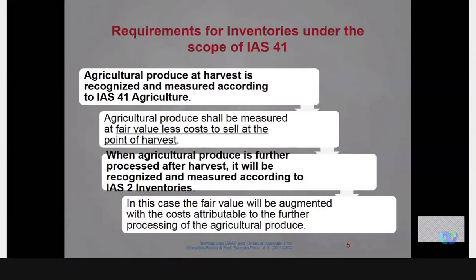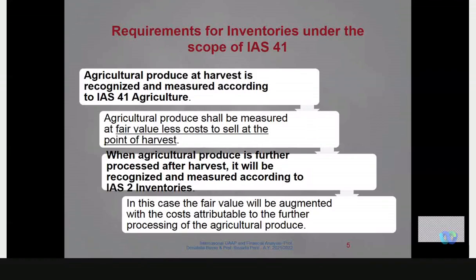And as we can see, we can measure agricultural produce fairly easily by referring to this fair value, or this market value that you mentioned, but first deducting the cost that I need to incur to sell this crop, or this agricultural produce, at the point of harvest.